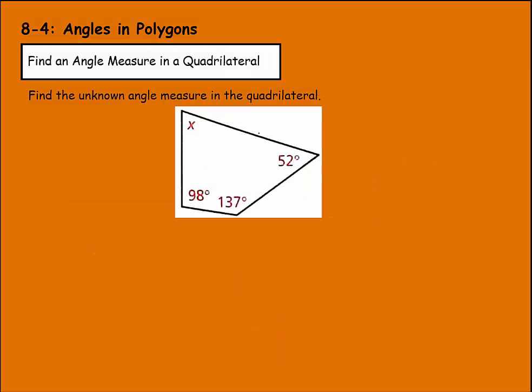So now let's find this quadrilateral unknown measure. If you remember before, we could split this into two different triangles to show that this is 360 degrees. Knowing that, we could do 98 plus 137 plus 52 plus x equals 360. 52 plus 98 is 150, plus 137 is 287.